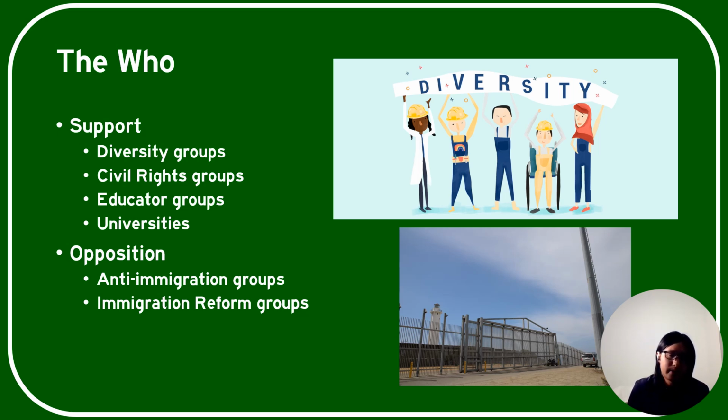You have the, I believe it's called the American Civil Liberties Union, and also the California Teachers Group, or something similar to that, and the Mexican American groups, the Asian American groups. So I think you get the idea. And the opposition were mainly anti-immigration groups or groups that are not happy with the current immigration status, so they want to reform immigration, and they are against bills like AB 540.